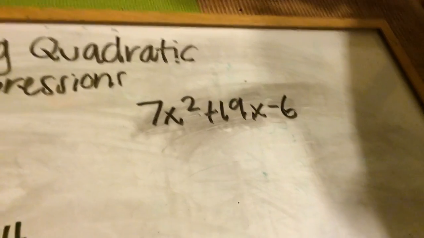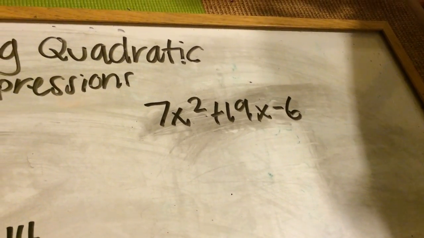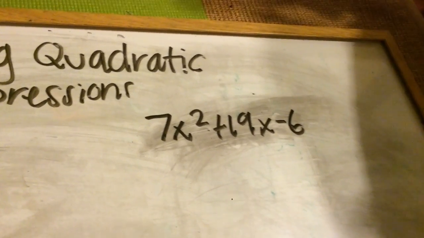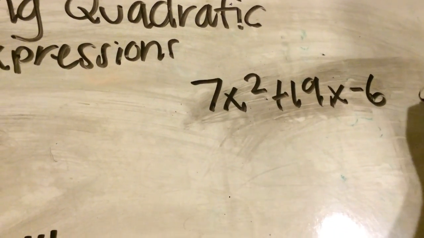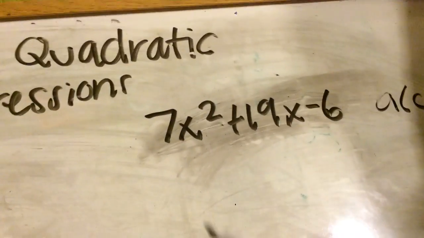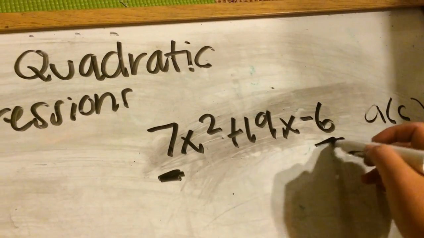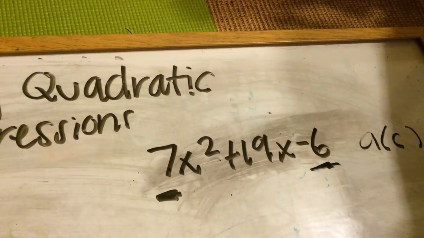For this equation, the value of a is greater than 1. Therefore, we're going to multiply together our value of a times our value of c. In this case, a is 7 and c is negative 6.